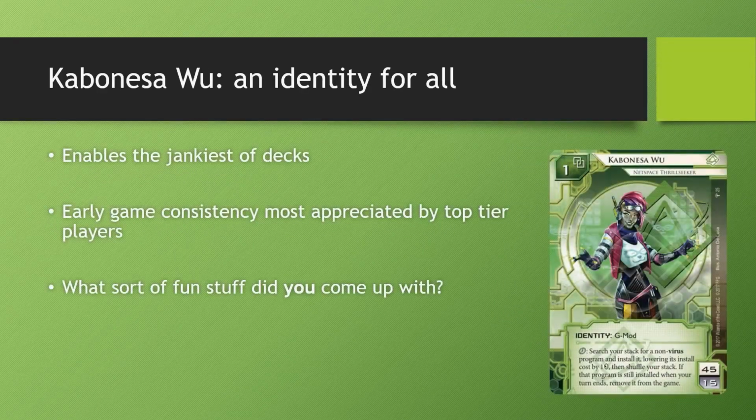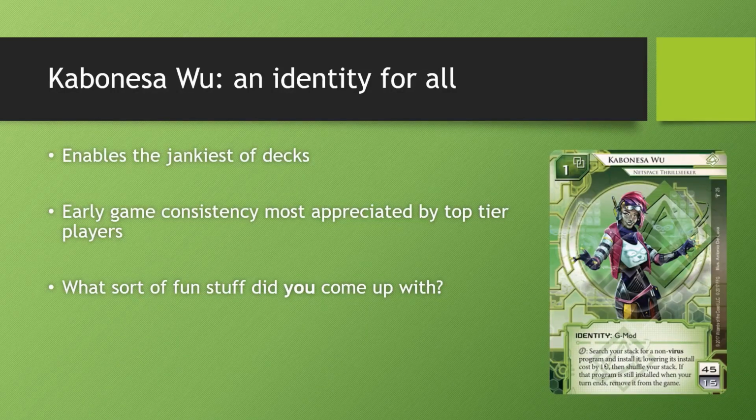Now, we did not talk much about Kabonesa Wu herself. Admittedly, there was no strategy discussion here, certainly no tier 1 competitive discussion, but if there's one take-home point I want to drive with this identity, it's that Kabonesa Wu really is an identity for all.